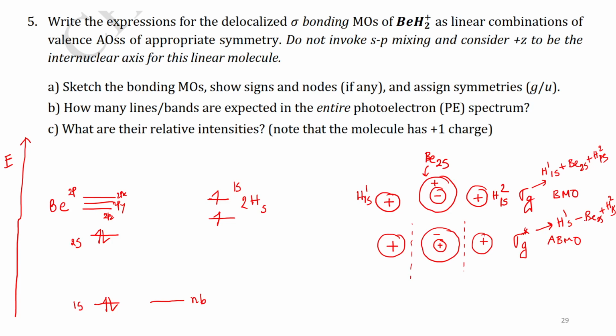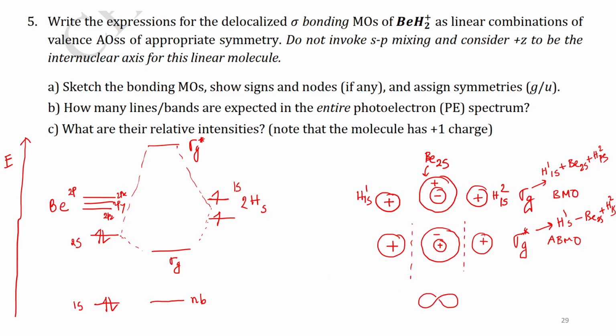Okay, so they are going to form a bond something here, which is my sigma g I have said, and they are going to send some sigma g star. Okay, what about 2pz?